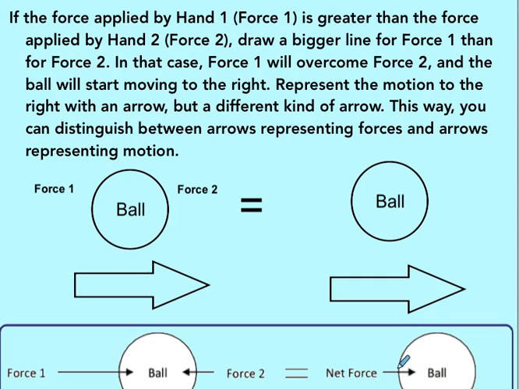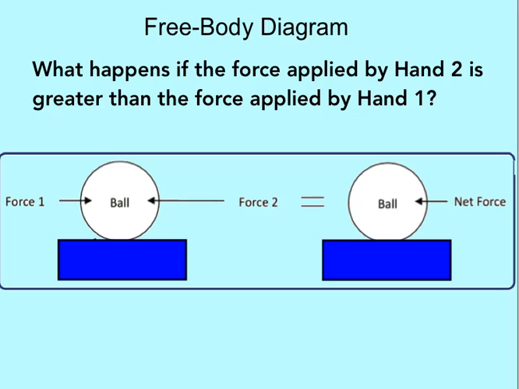As we start to draw models, we want to make sure that we're drawing lines equal if they truly are equal, and if they're not equal, make sure they're not drawn equally. So what happens if the force applied by hand 2 is greater? Well, then look here. The arrow is the other way. And so the ball would be moving in that direction.